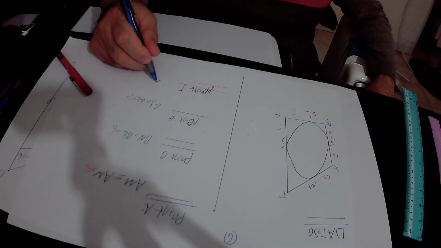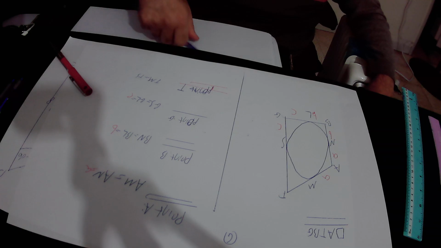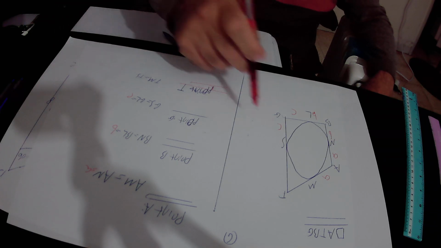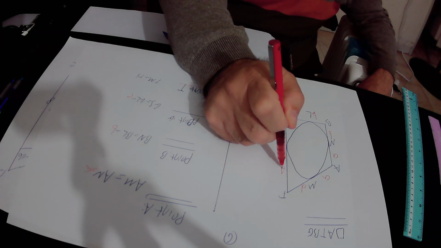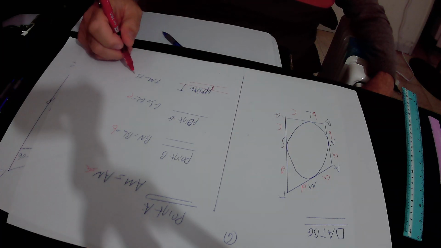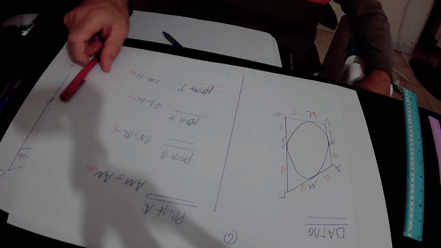So, TM equals TS. So if TM is d, then TS must be also equal to d. Okay.